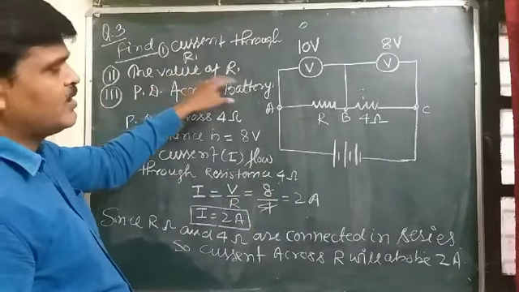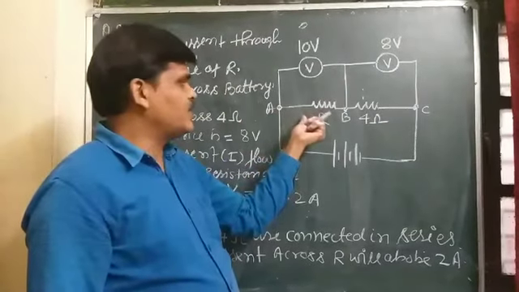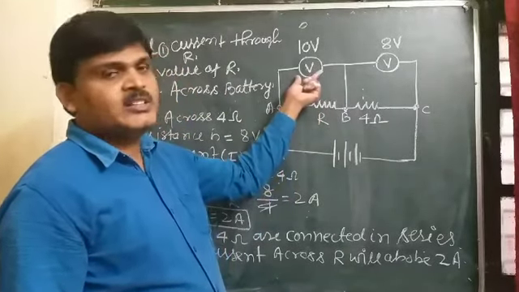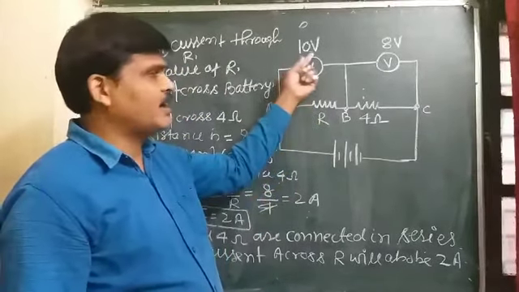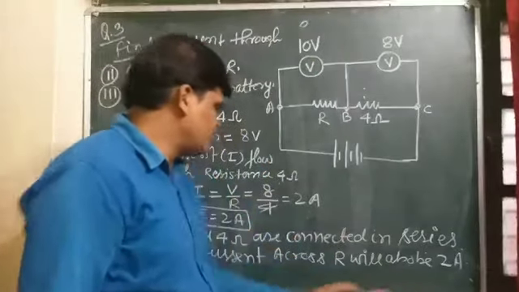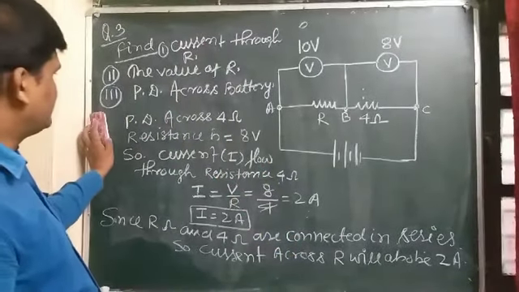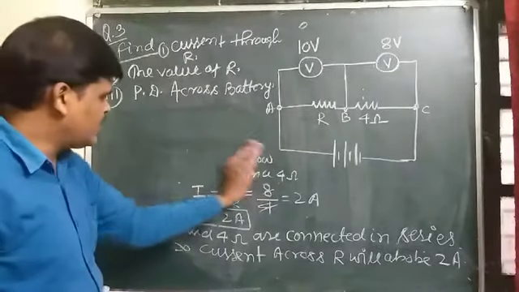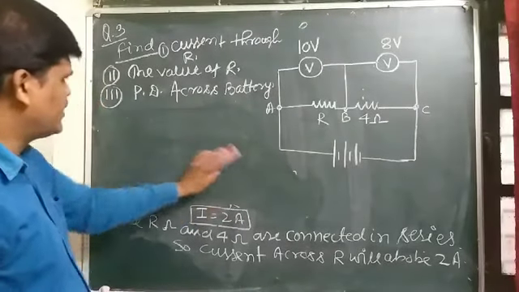Now the value of R. The current across R we know is 2 ampere, and the potential difference across R is 10 volt. So again we use Ohm's law to find it.